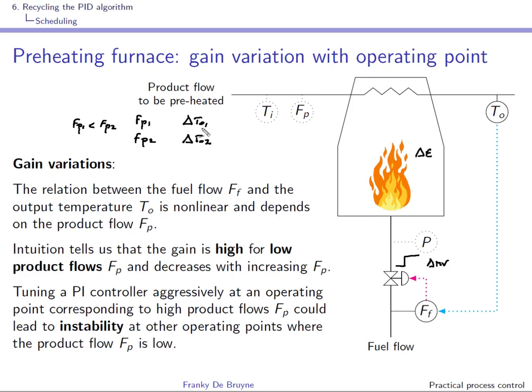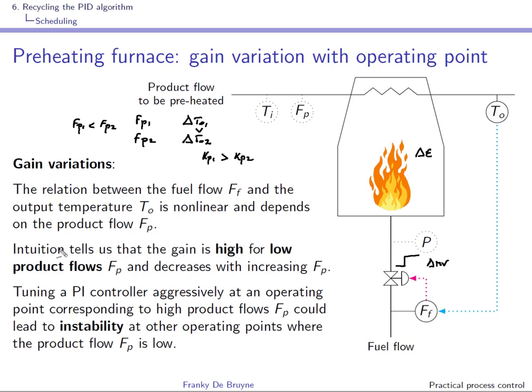So we have that this delta over here is larger than this delta. So this means that we have here KP1, the gain around this operating point, is larger than the gain around this operating point.